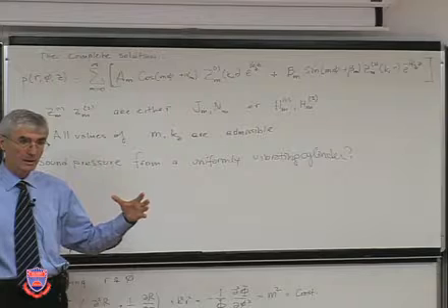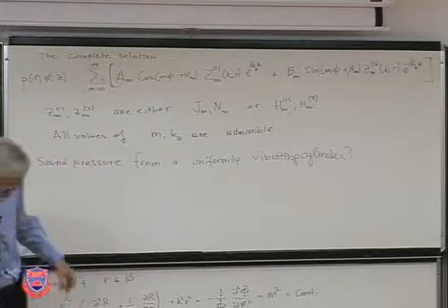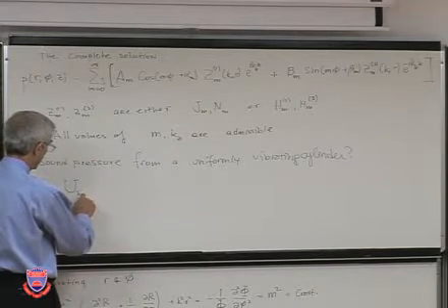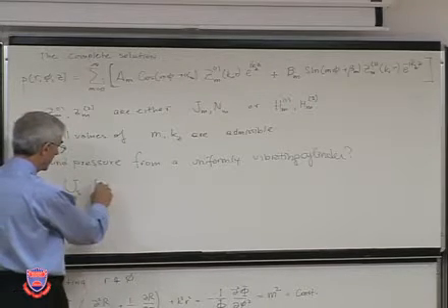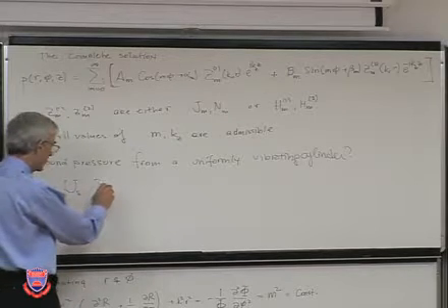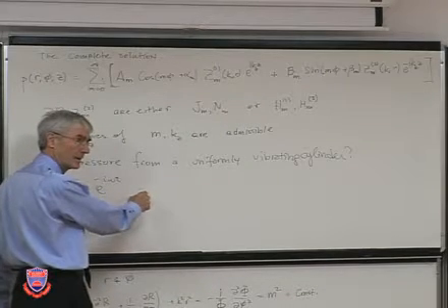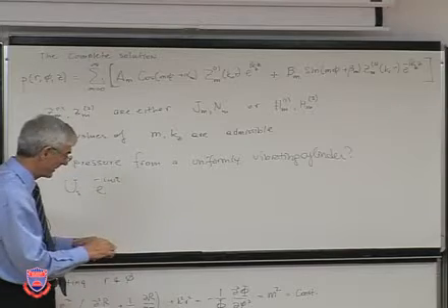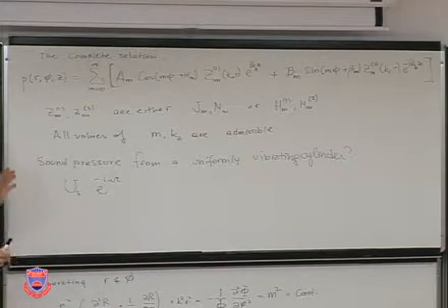So the velocity is a constant times e to the power minus i omega t. And you had a cosine? You sure? Okay.